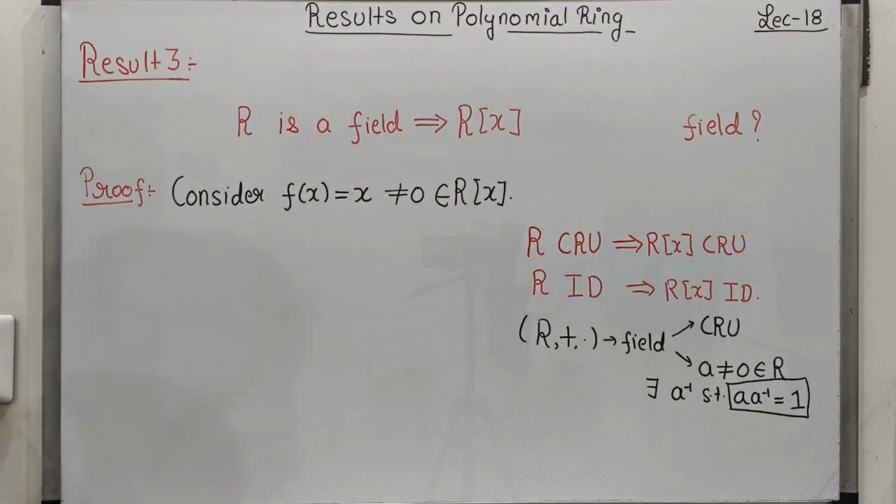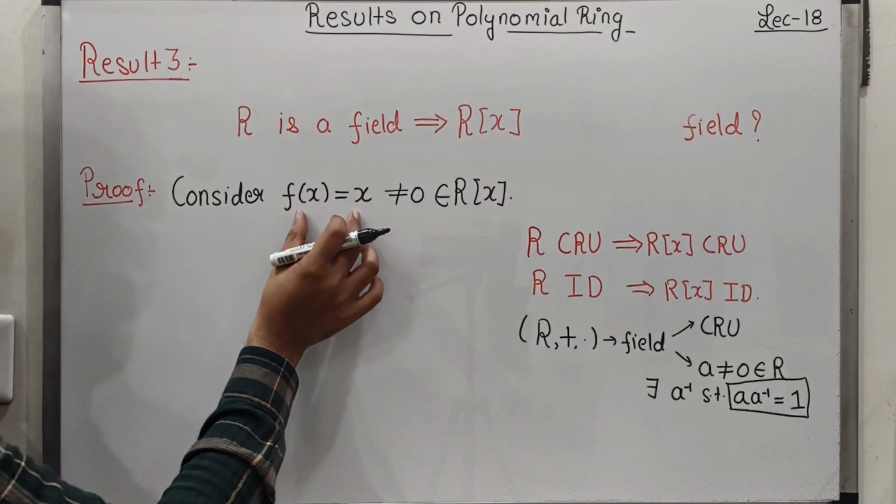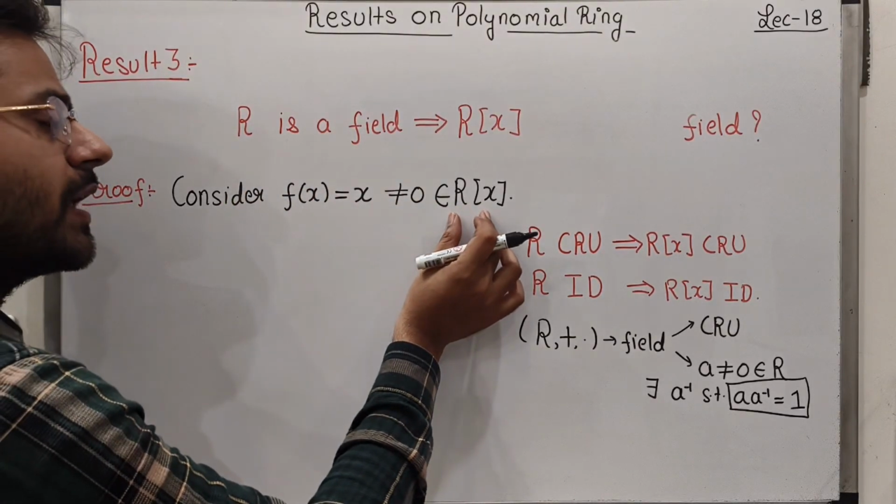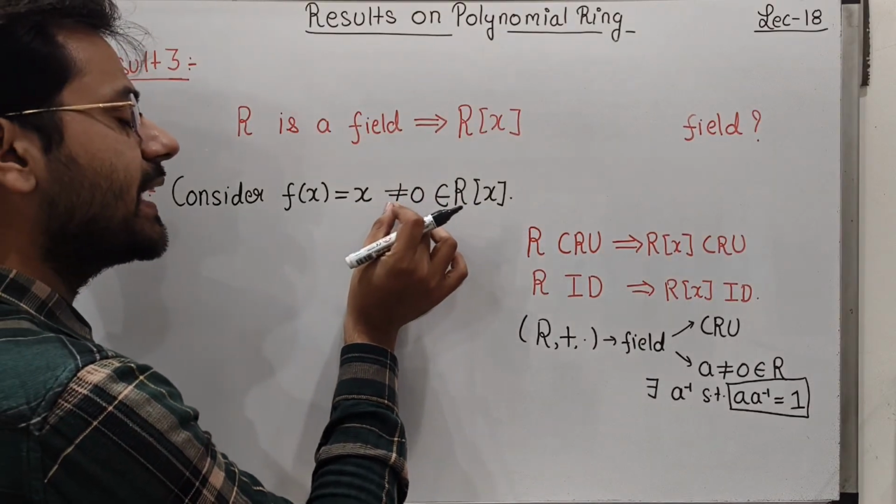Now, we are going to suppose that this particular element belonging to polynomial ring R[x] has a multiplicative inverse.